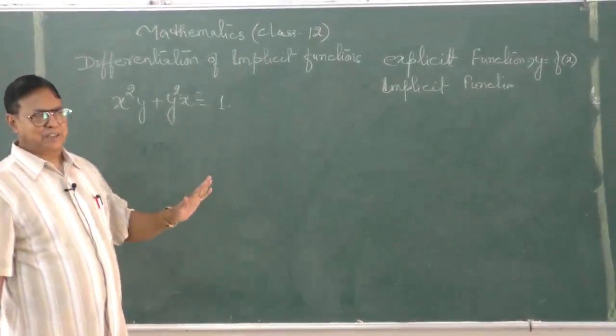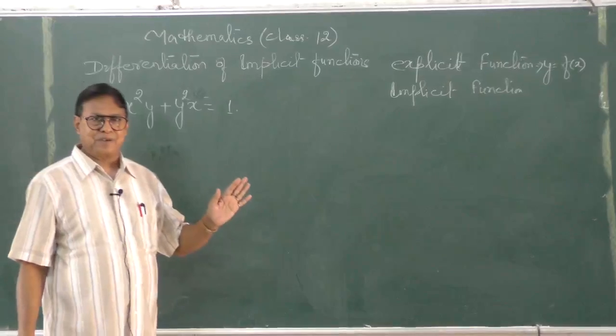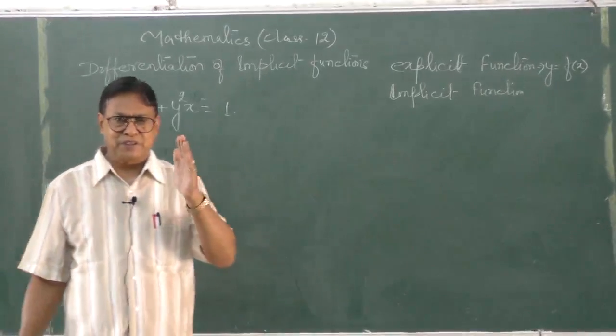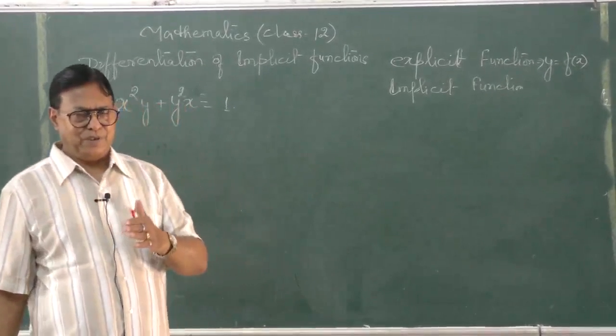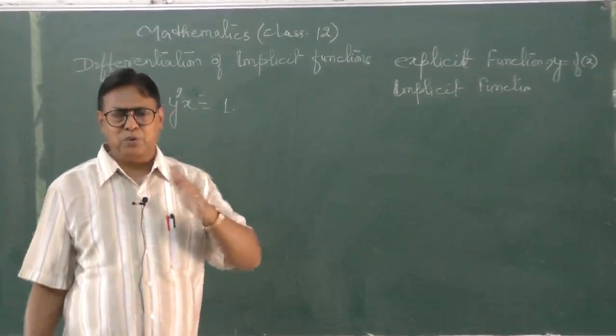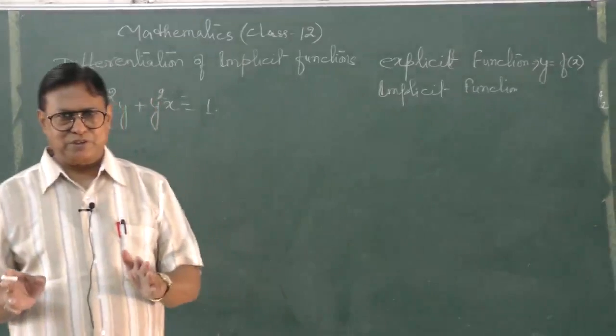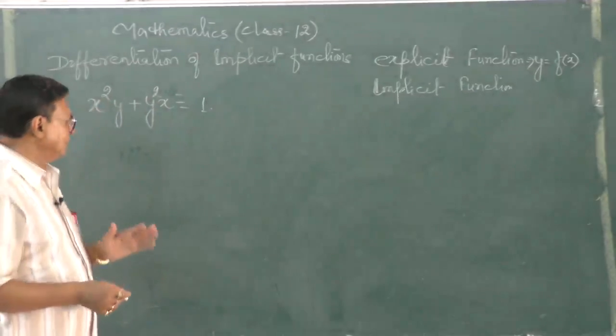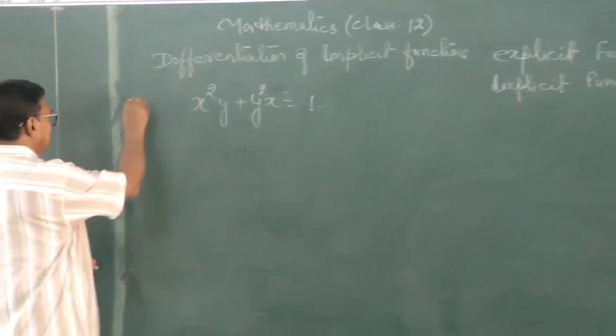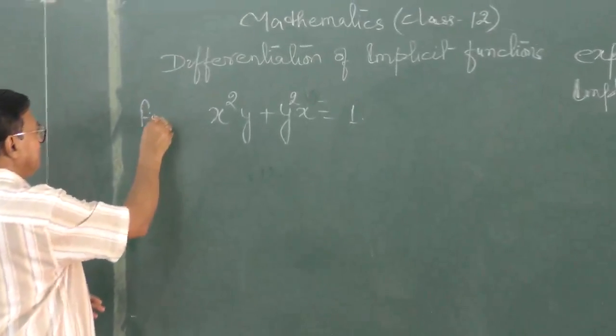Now, the question will say find dy by dx. It means differentiating y with respect to x. When it is an implicit function, we do not go on segregating or separating. We straightaway differentiate. Now, look at the sum.